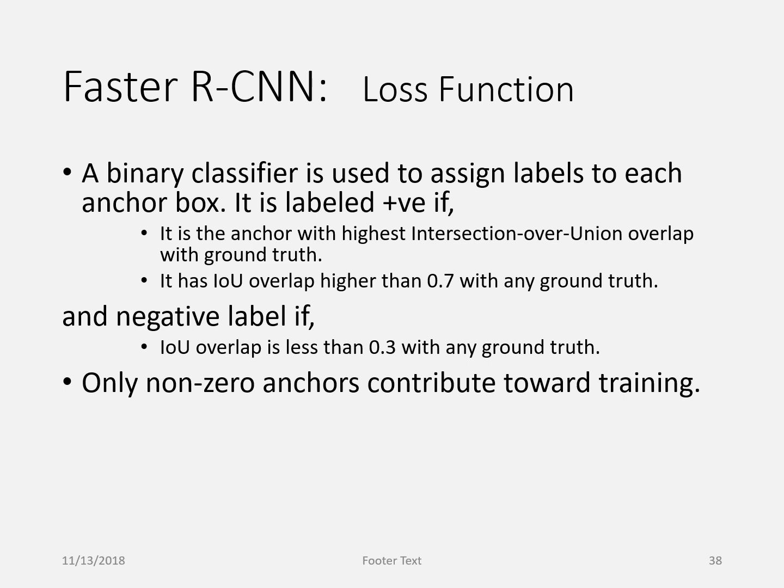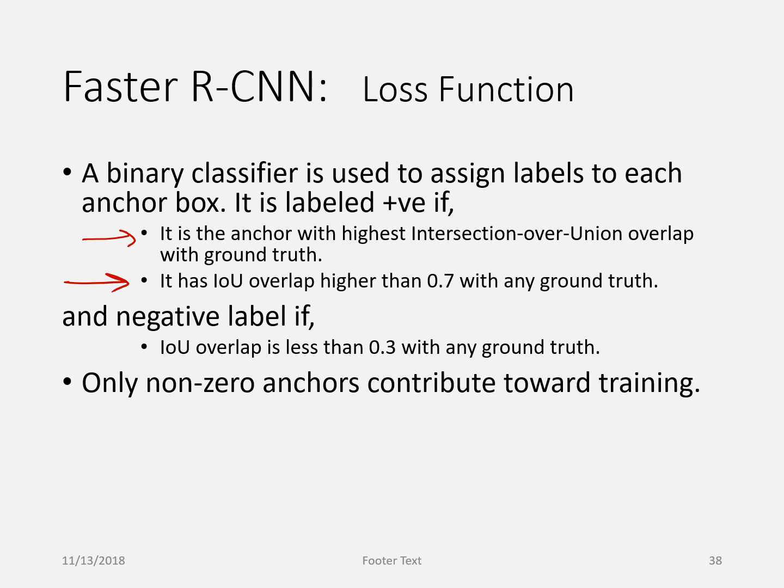It assigns a negative label if the IOU is less than 0.3. Also, only the non-zero anchor boxes contribute towards training. The 0.7 IOU condition is sufficient to classify the boxes as positive, but the condition of the highest intersection over union is to ensure that no cases are left out.